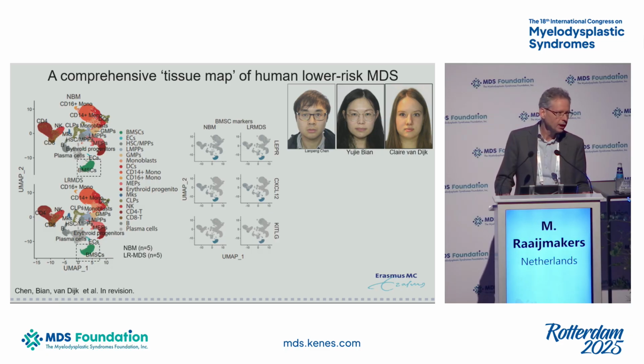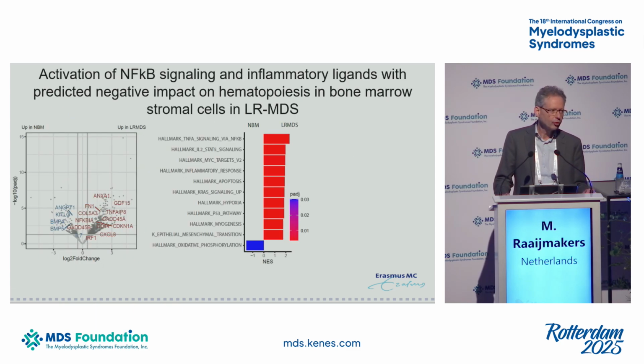And the latter two, as you know, being key HSC, HSPC supportive factors. So here we have this data. And then first, if we look at the population level of stromal cells, and then at their transcriptome, comparing normal bone marrow to low-risk MDS, I think the most dominant aberrant pathway is inflammatory signaling. In particular, NF-kappa beta mediated inflammatory signaling.